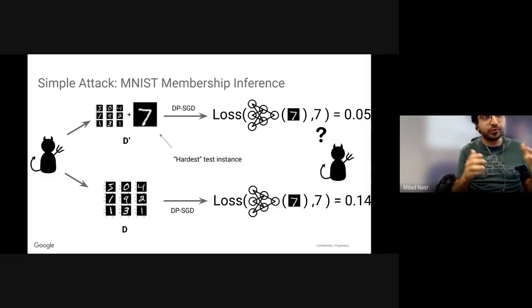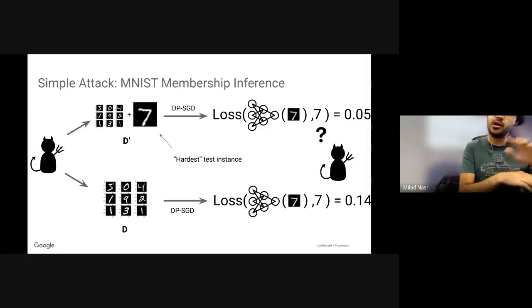To frame it back to our setting, we let the adversary select the hardest test instance. It usually iterates over all of the instances to find which one works best for this setting, and we look at the loss to distinguish whether it was trained on D or D prime.